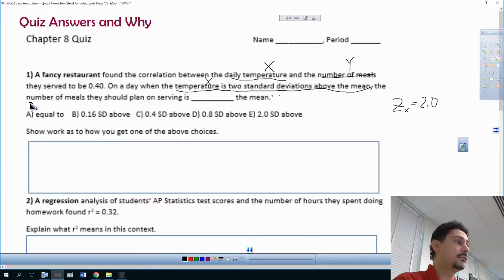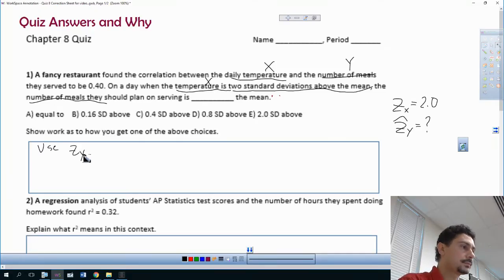It says the number of meals they plan on serving is, and then you look at these choices: standard deviation, standard deviation, standard deviation. Oh, they're talking about the predicted number of standard deviations in the output variable Y, and that right now is a question mark. So something has to come into your mind and say, I'm going to use the formula: the predicted number of standard deviations of Y is equal to R times the number of standard deviations of X. If you remember that formula, boom, this problem is easy.